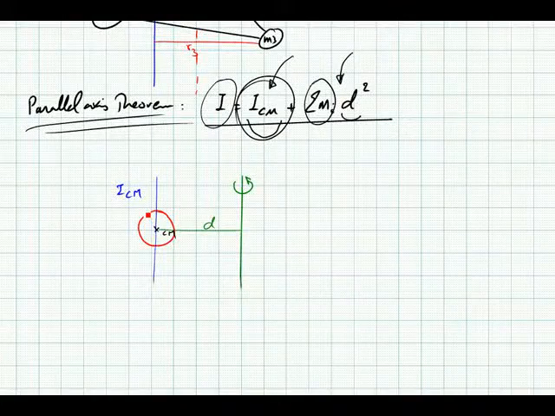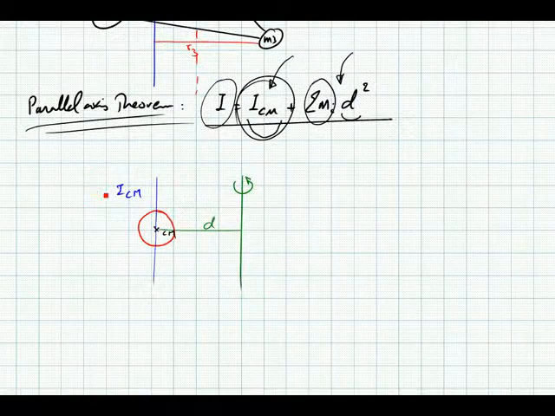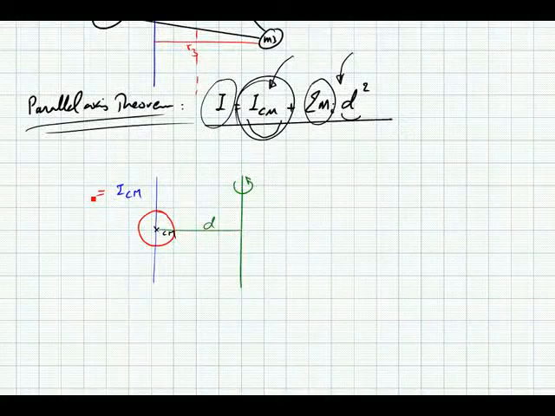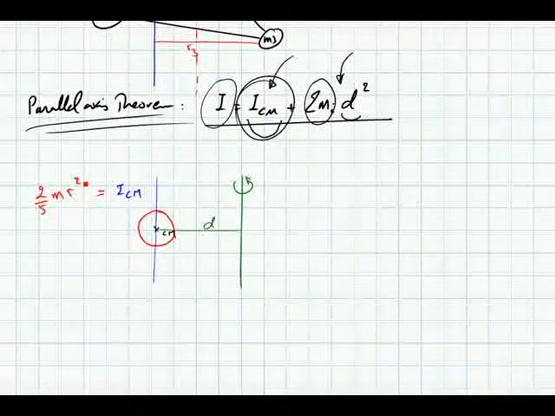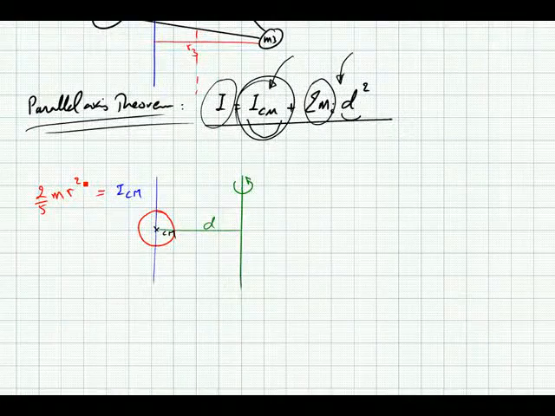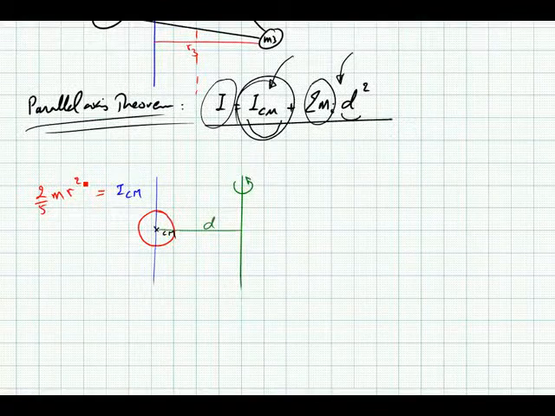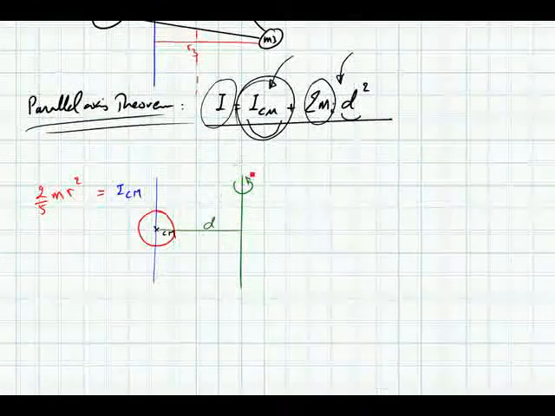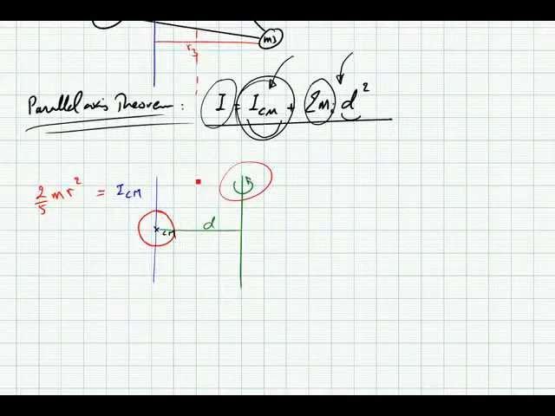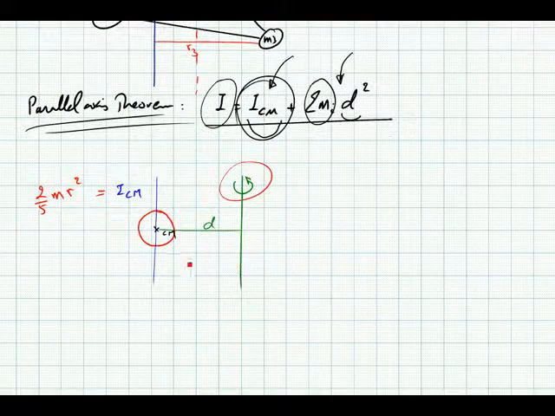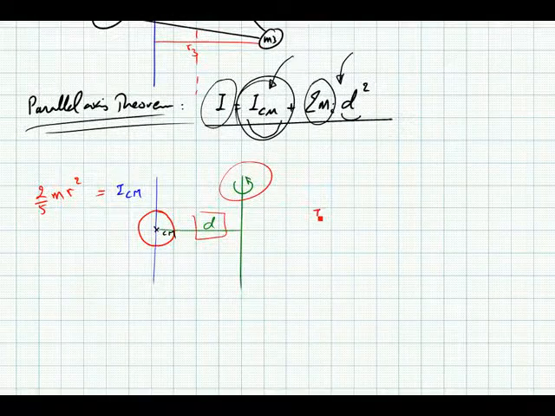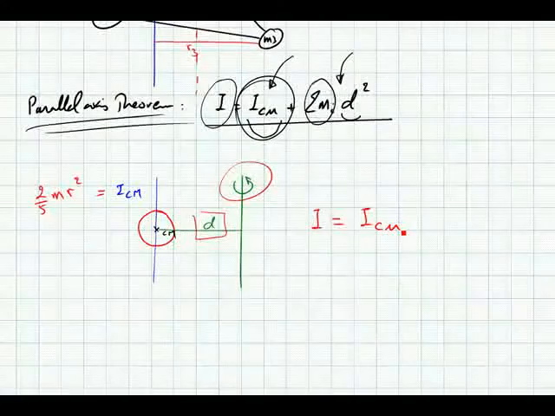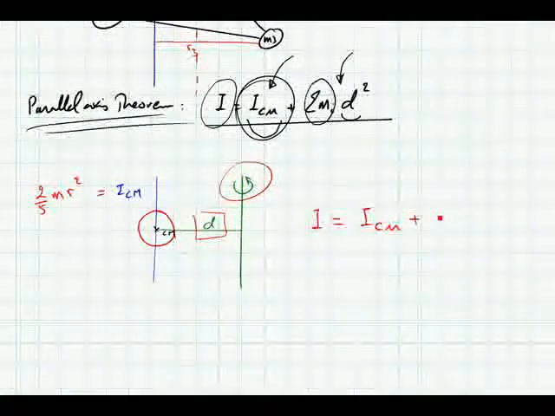We have a sphere. Now we know that the moment of inertia for a sphere through an axis through its center of mass is 2/5 of the mass of the sphere times the radius of the sphere squared. Now the moment of inertia for the sphere through the green rotation axis here, which is parallel to the blue rotation axis through its center of mass, however, is displaced by amount d, is given by I_CM plus the mass of the sphere times d squared.